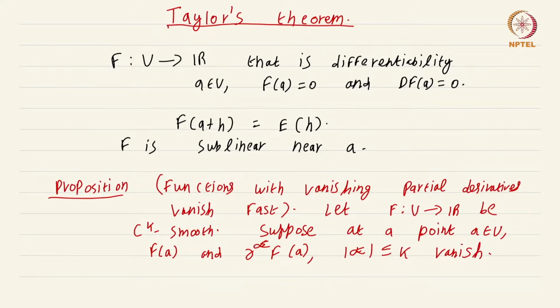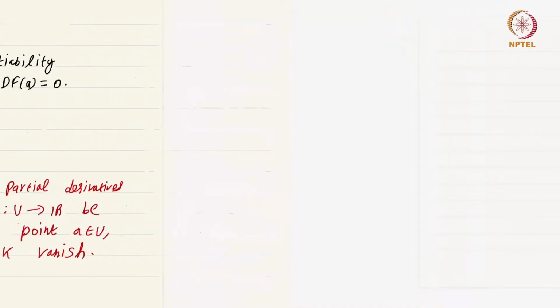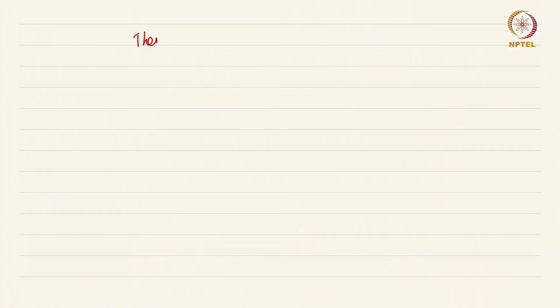So not only does the function vanish, but all the partial derivatives till order k vanish. Then the limit as h goes to 0 of f of a plus h divided by norm h to the power k equals 0.